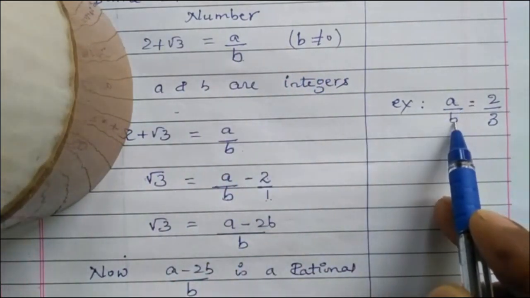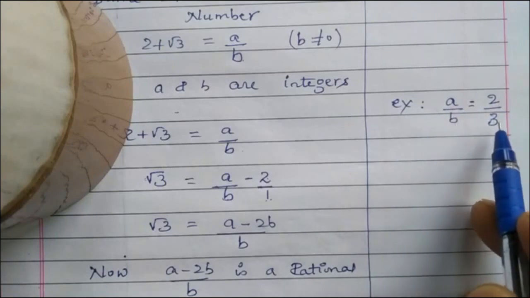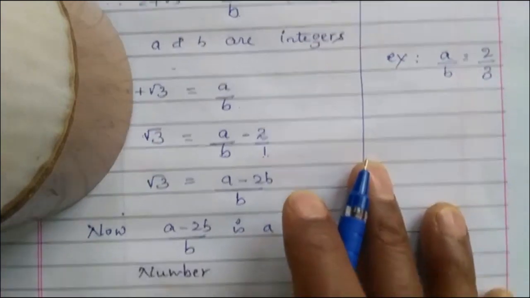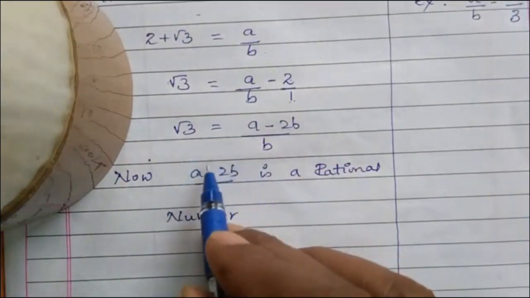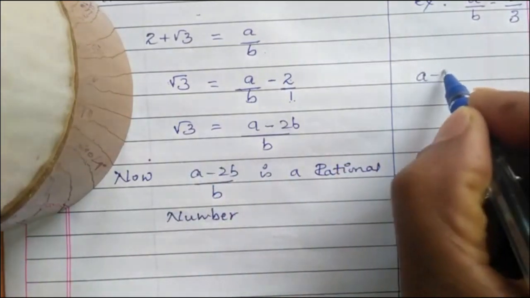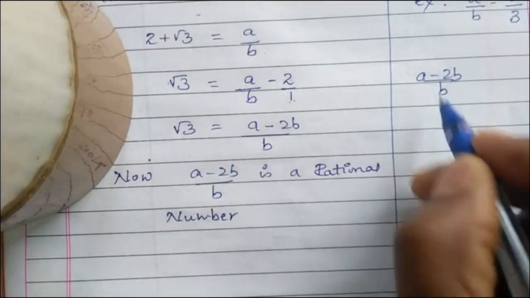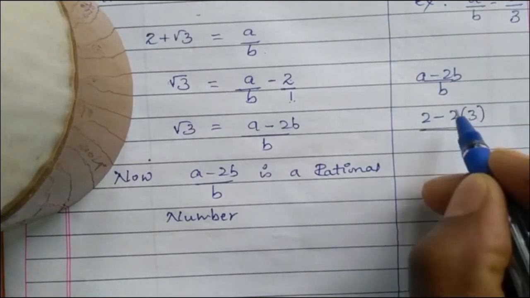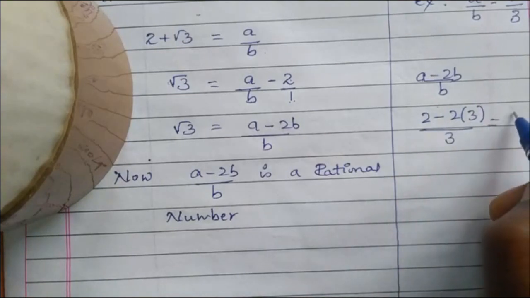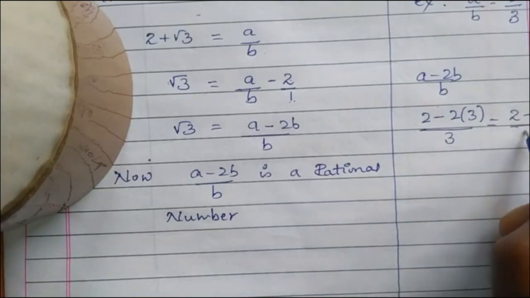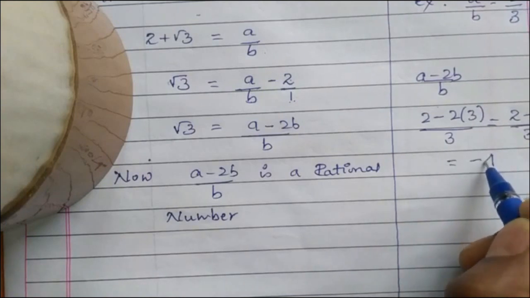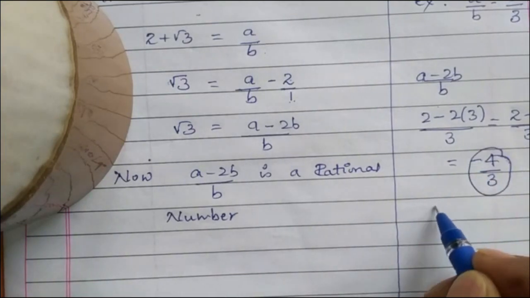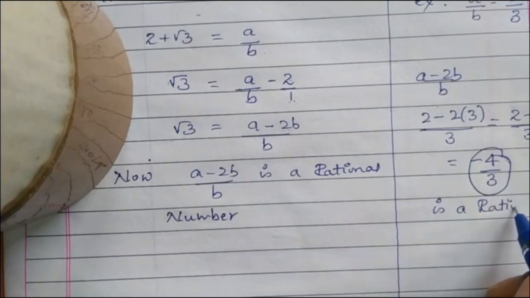These values 2 and 3 we put in place of a minus 2b all divided by b. A is 2, minus 2 into b, which is 3, divided by b, which is 3. 2 minus 6 all divided by 3 equals minus 4 divided by 3. This minus 4 divided by 3 is a rational number.